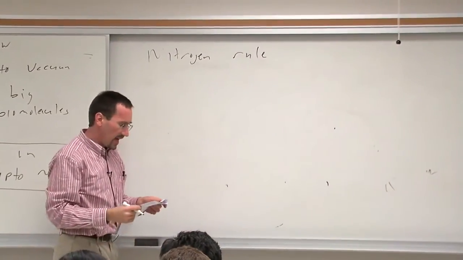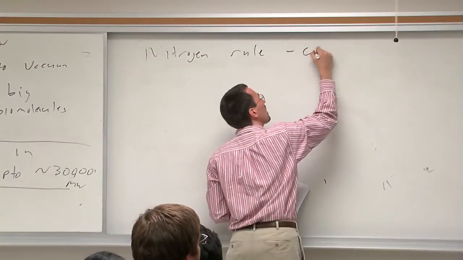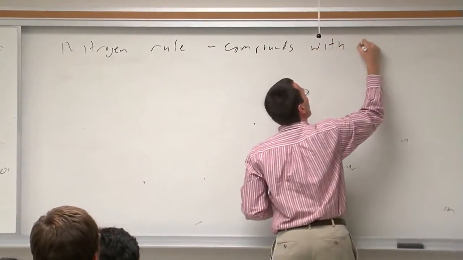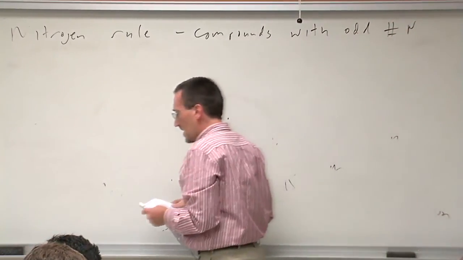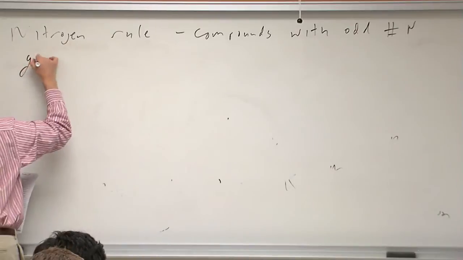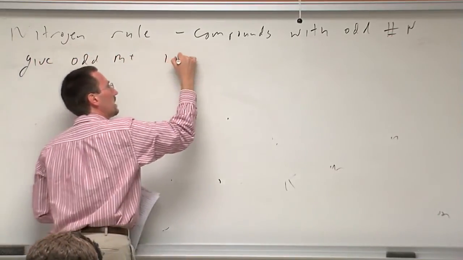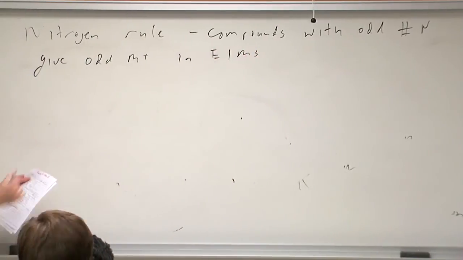The nitrogen rule is that compounds with an odd number of nitrogens give odd M plus in EI mass spec. And you can convince yourself of this.